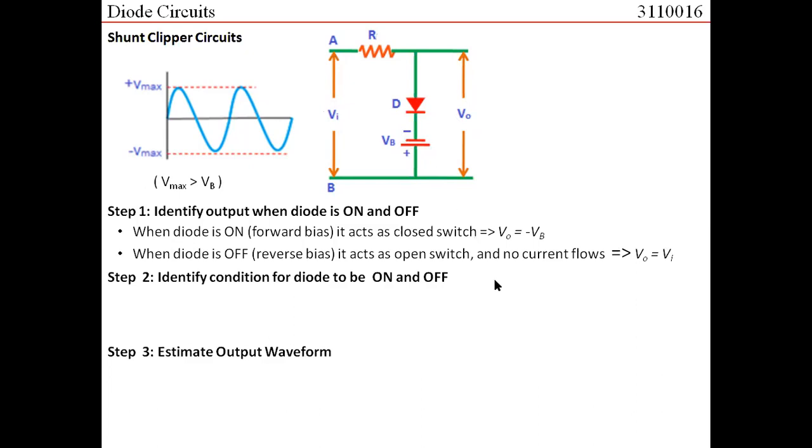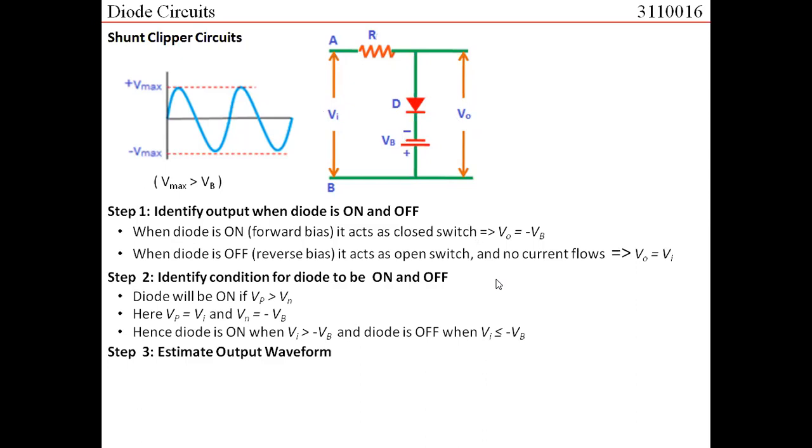Going to the next step, identifying the condition for the diode to be on and off. Again, we say that the voltage at the P terminal should be higher than the voltage at the N terminal. What is the voltage available at the P terminal? Input voltage Vin. What is the voltage available at the N terminal? Minus VB.